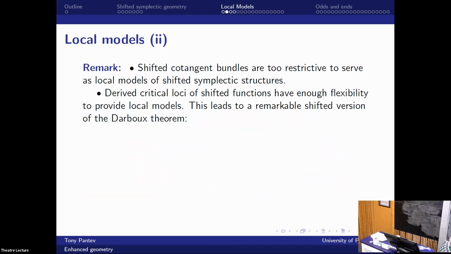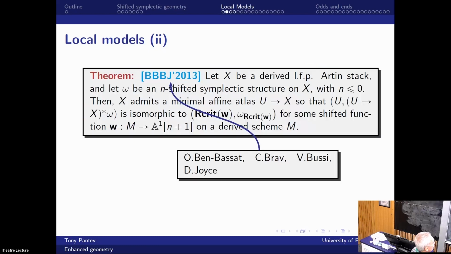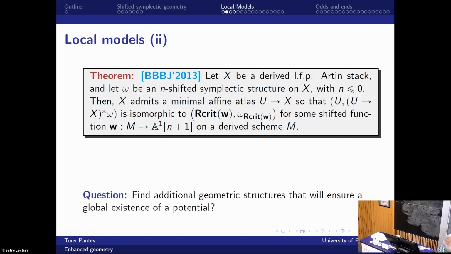Yeah, so I said that these local models should be the derived critical loci, and so there is the Darboux theorem, which in its most general form was proven by Ben-Bassat, Brav, Bussi, and Joyce. And what it says is that if you have a derived Artin stack with locally affine presentation with an n-shifted symplectic structure, I mean, it has other forms, but I'm going to concentrate on this one.